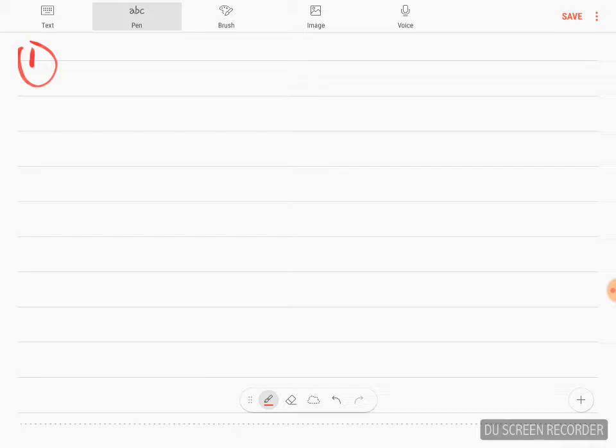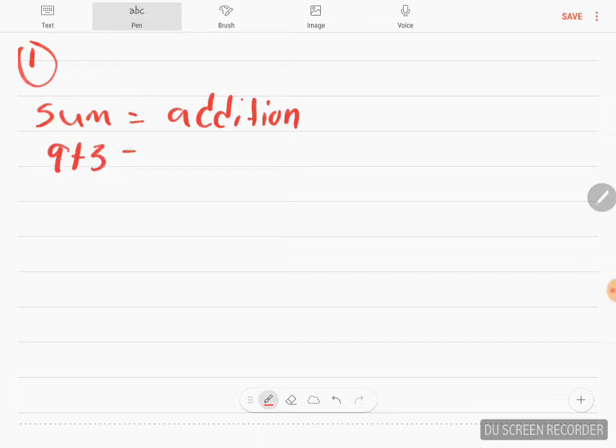The first thing we need to do is understand what they're asking us. When the sum means addition. So when the sum of 9 and 3, 9 plus 3 equals 12, is divided by the difference of 9 and 3.